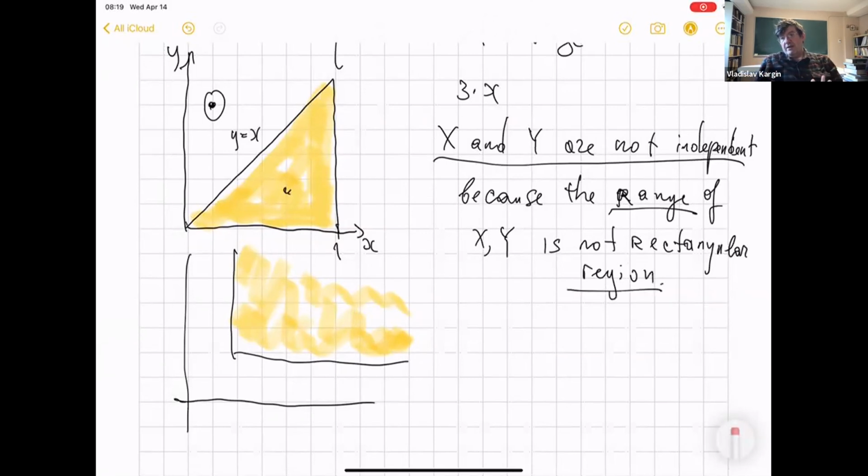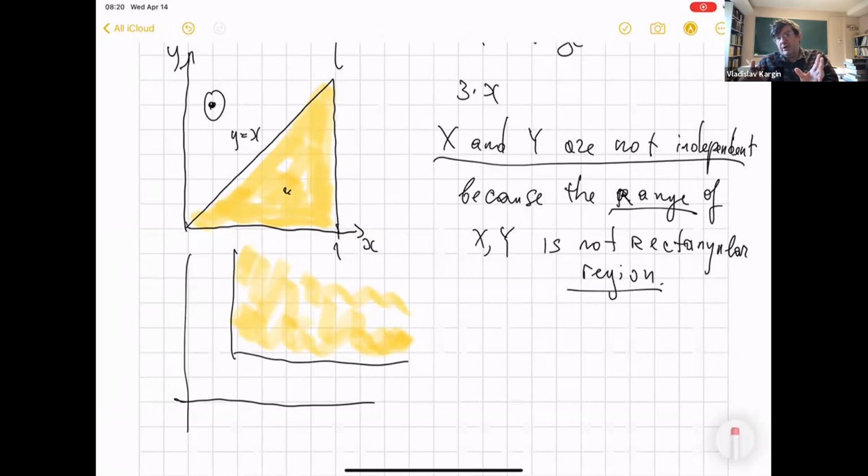So this gives you the ability to check whether two random variables are independent or not very easily. You look at this and first of all check whether the range is rectangular. Right? If it's not rectangular, they are not independent, they are dependent. If it's rectangular, you need to look attentively at whether you can write down the joint density as a product of two functions, one of them depending on x, another depending on y.